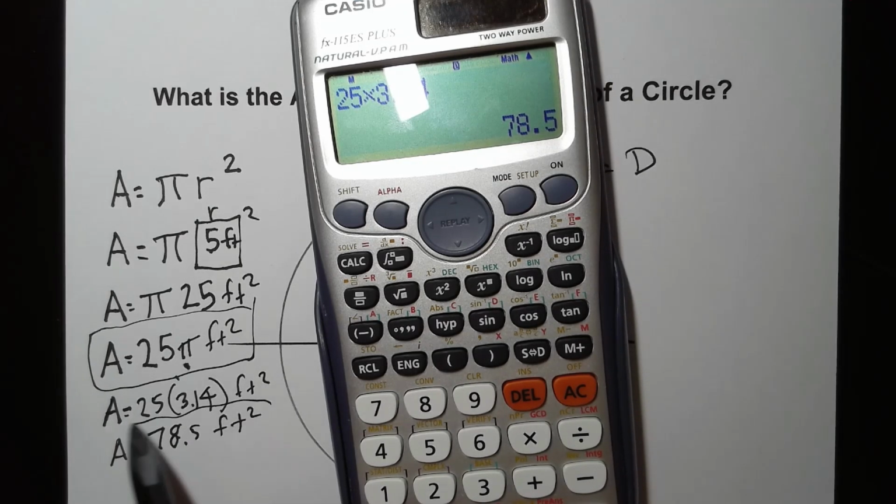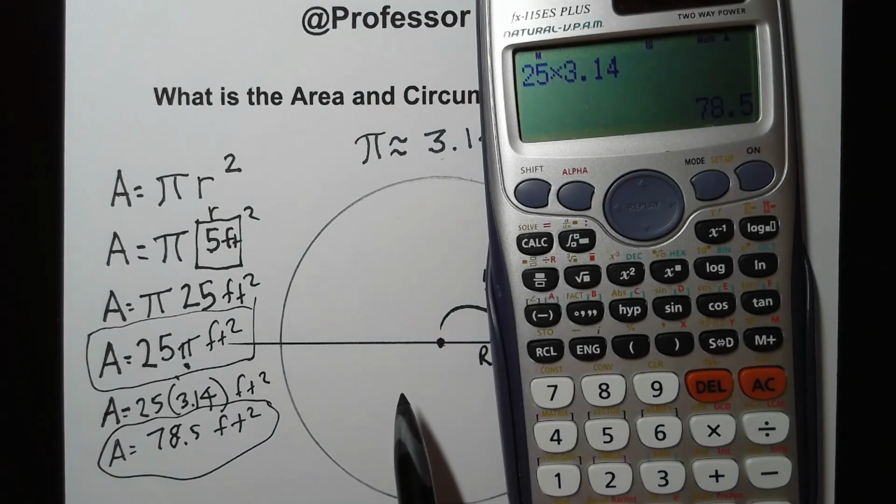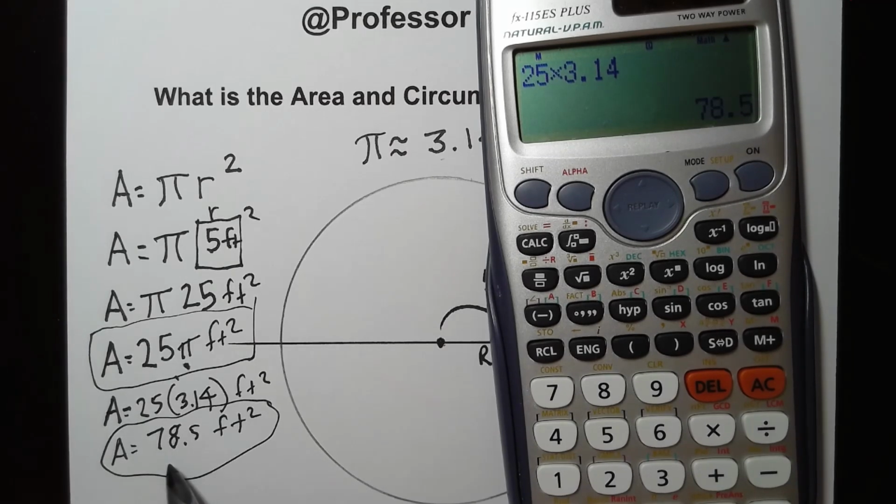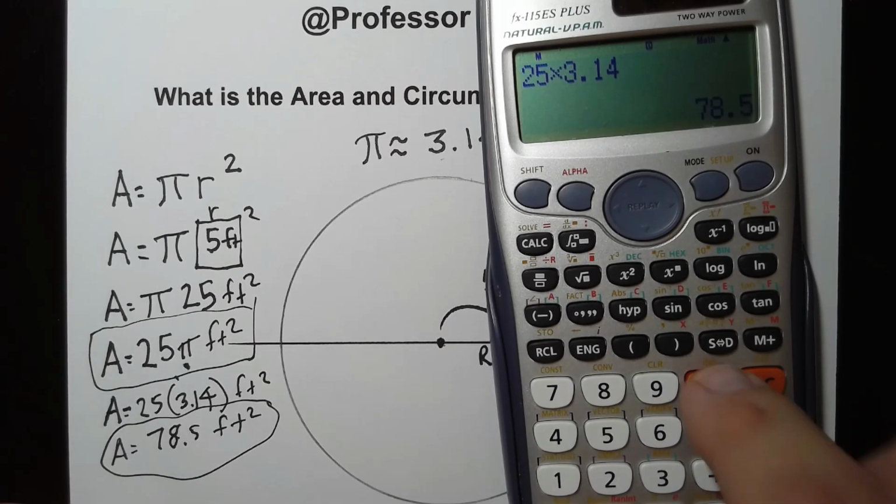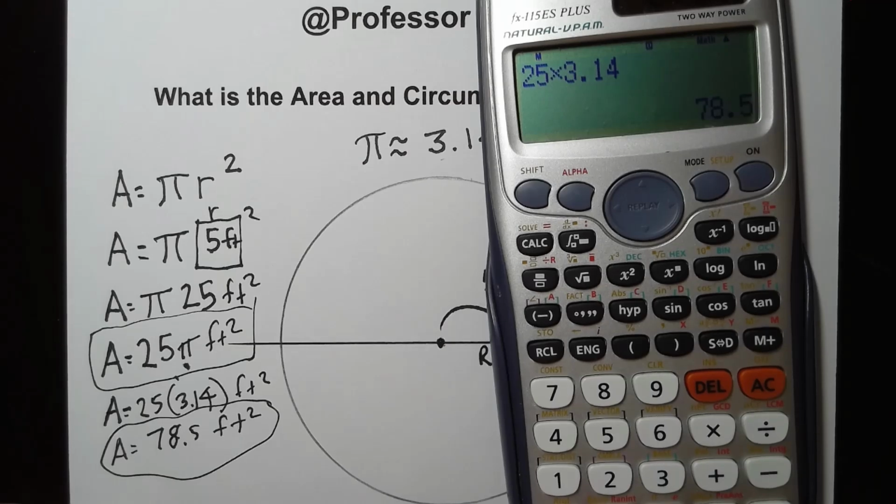Again, this is an approximation of the area, and if it was a standard test, you would look for what number matches that. That is how you use pi to find the area of a circle. That's how you find the area of a circle.